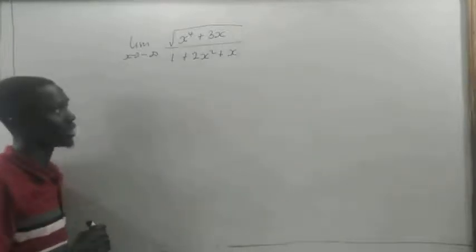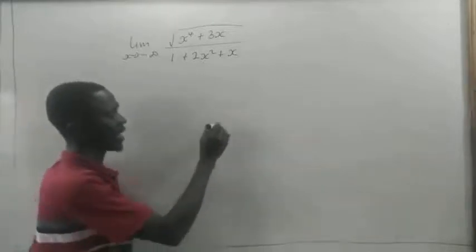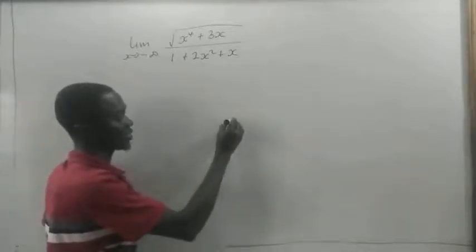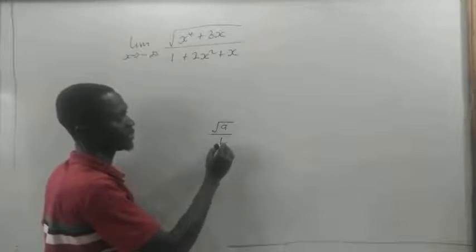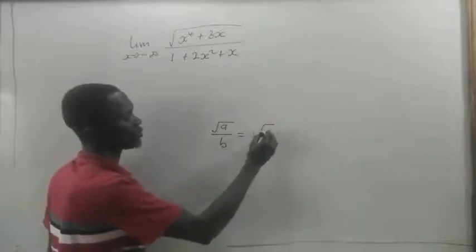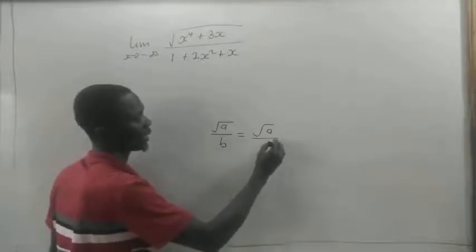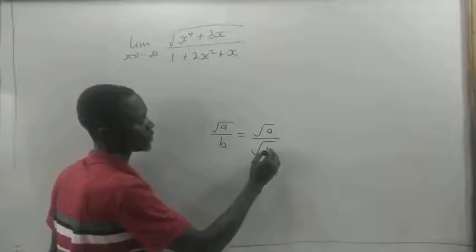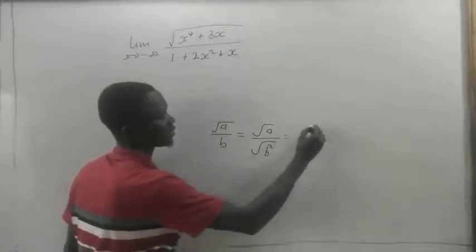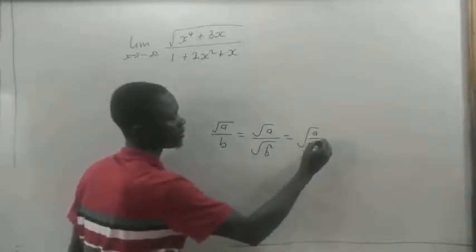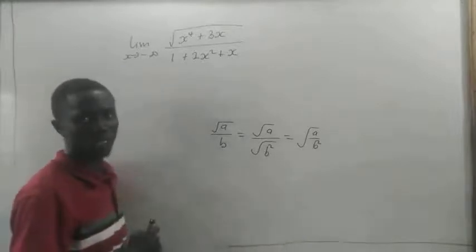So how do we do this one? Now, we know that if I have square root of a divided by b, I can write it as square root of a divided by square root of b squared. And that is square root of a divided by b squared. So let's use that approach here.